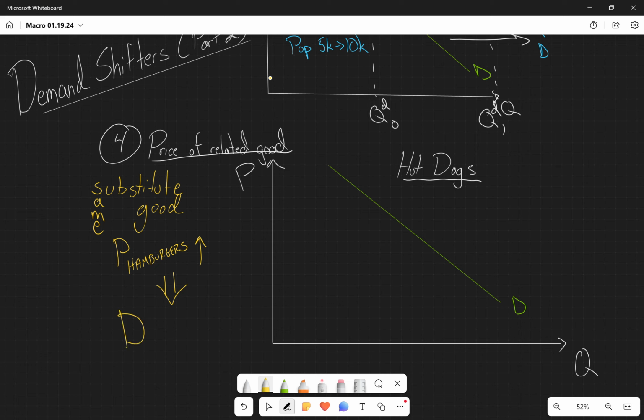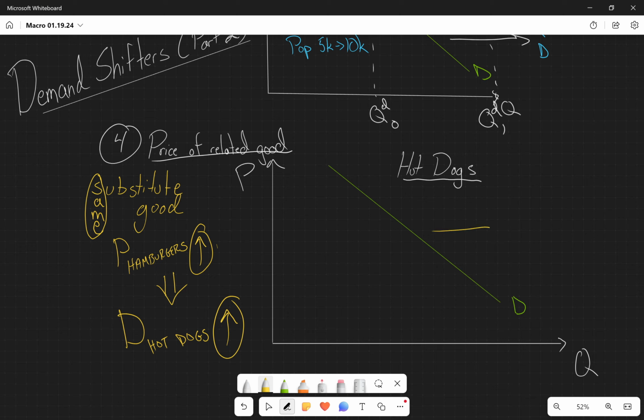That means that the demand for my hot dogs is now also going to increase, or like we said before, shift outwards. Well, for our purposes, let's just say shifts up. So substitutes are going to have the same shift. The price of a substitute has the same shift as the demand curve.